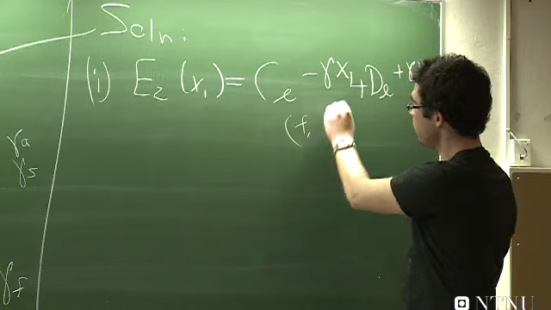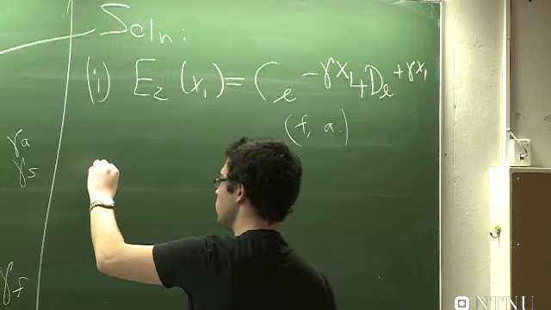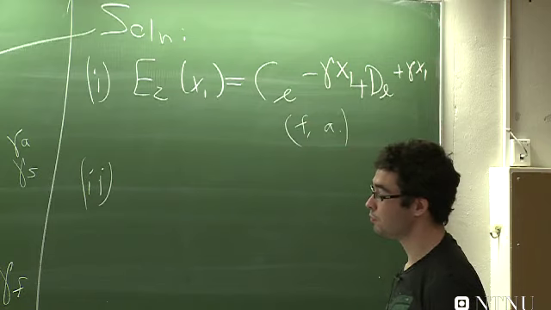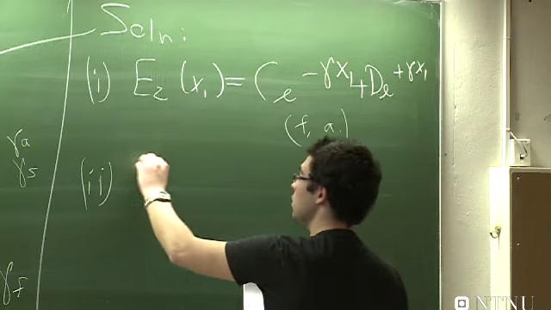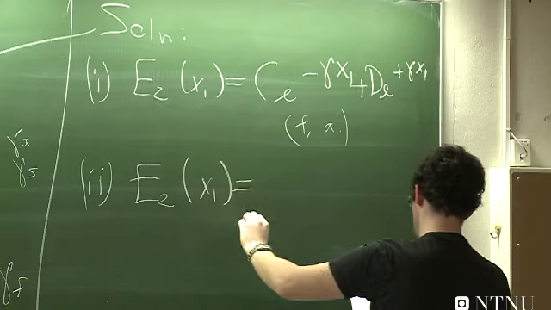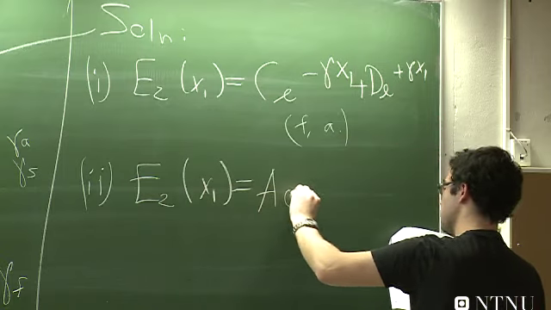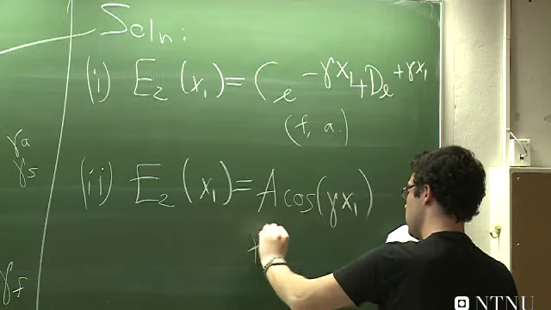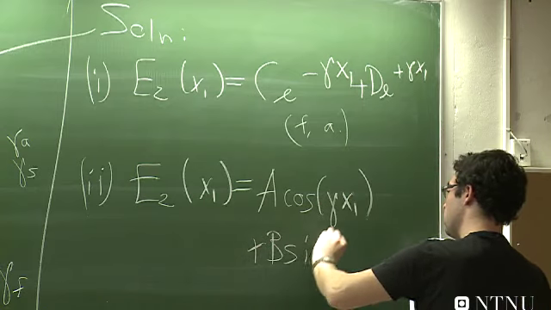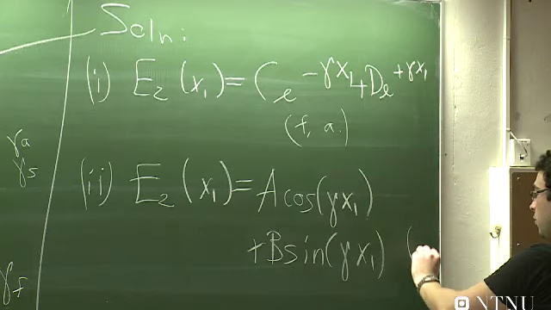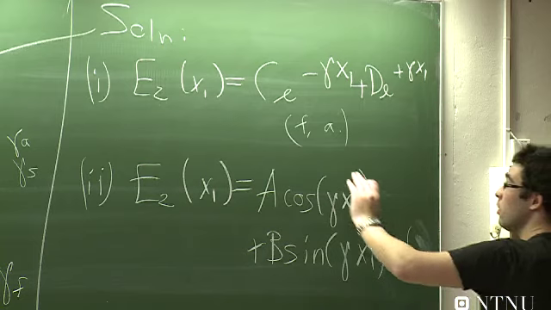Okay? The other type of solution is that we have, let's see, E2 of x1 is equal to A cosine of gamma x1 plus B sine of gamma x1. And this should be in the substrate. No, sorry. I'm all wrong here.